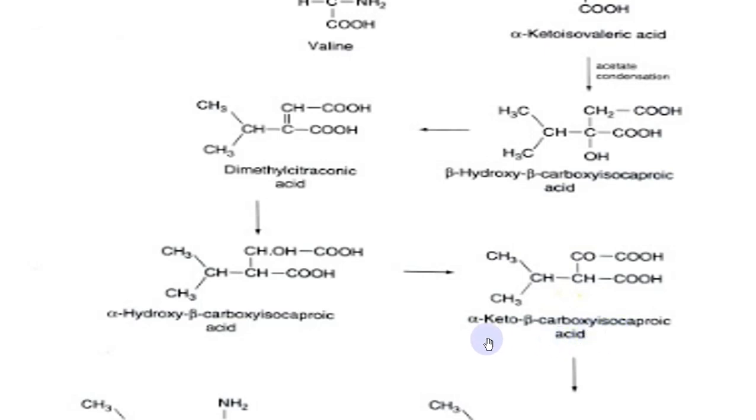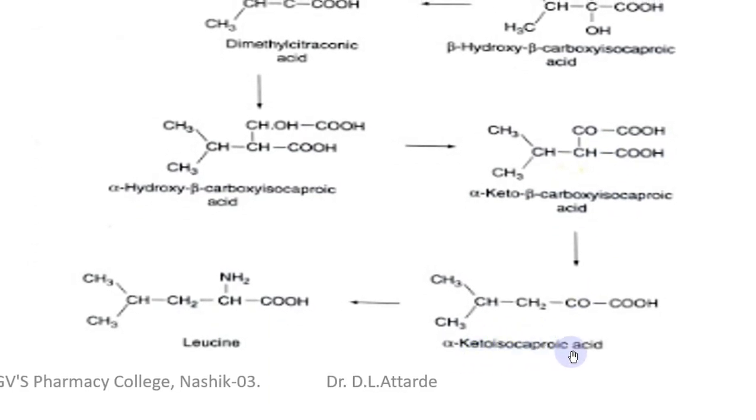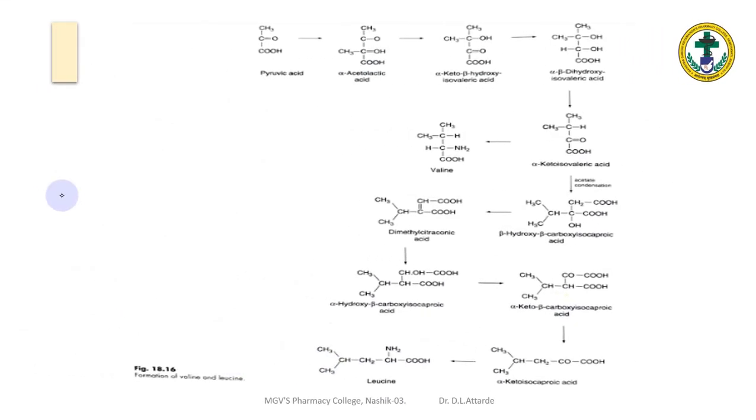See, this undergoes various changes. This hydroxyl group becomes a keto, and this alpha keto isocaproic acid undergoes transamination, which gives you leucine. So in this whole slide it is shown how pyruvic acid leads to the formation of valine and leucine type of amino acid.